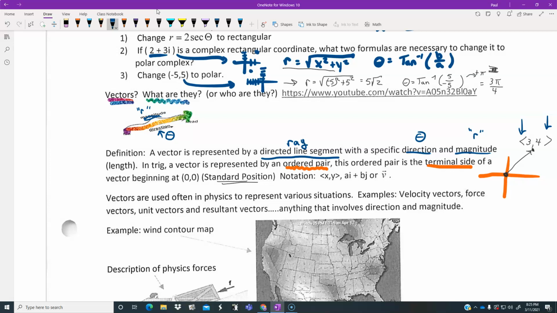Okay? Other ways to explain it would be to explain it in a complex kind of looking way. And that means that there is a horizontal component and a vertical component that actually make it. So how much do you go over, right and left, and how much do you go up and down would be the ideas here. We refer to this as the I and J format.